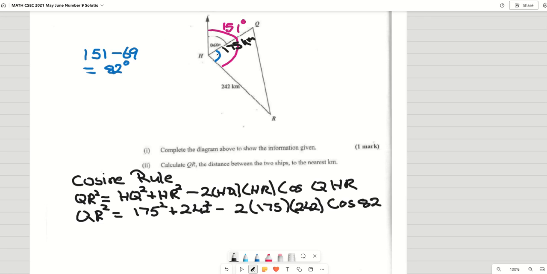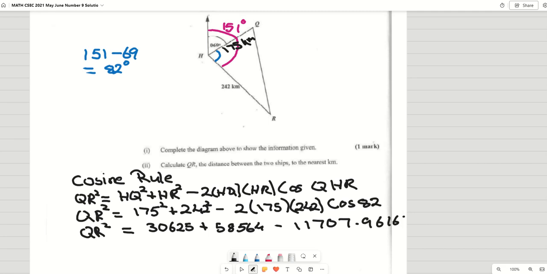When you put all of this in your calculator, you're supposed to get, I'm just putting the values, QR squared is equal to 30625 plus 58564 minus 1177.96165.